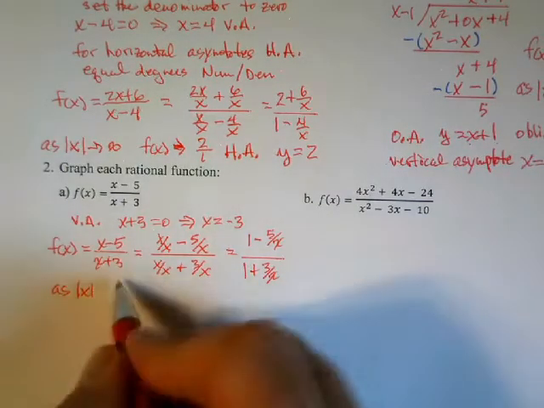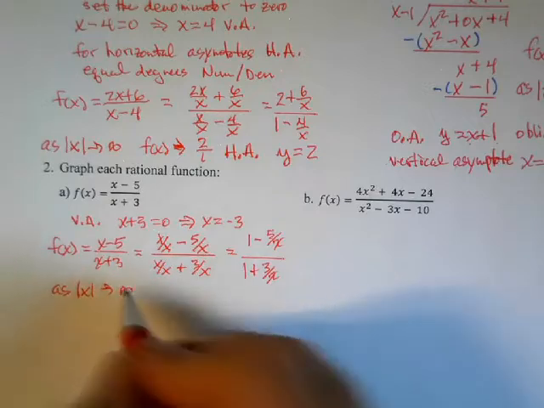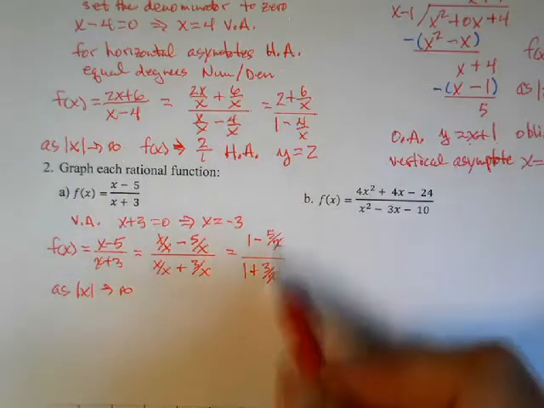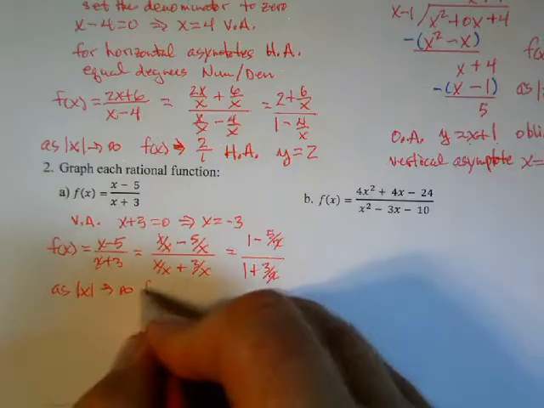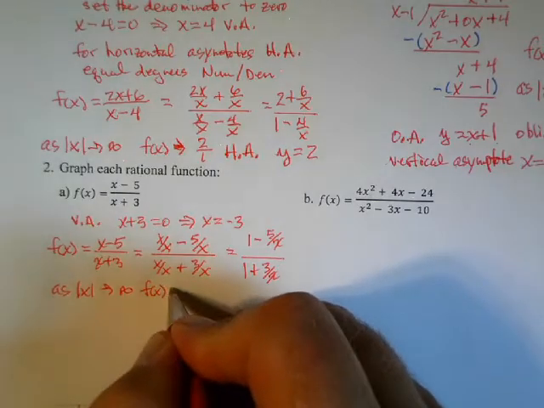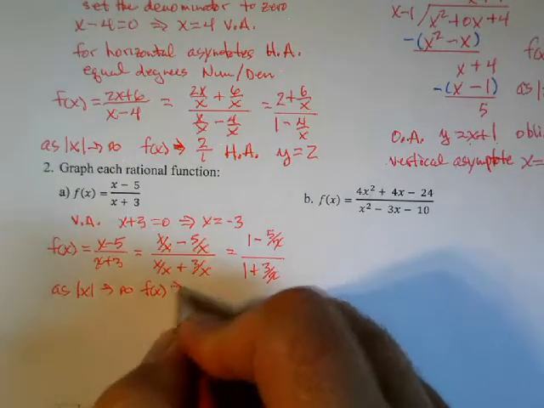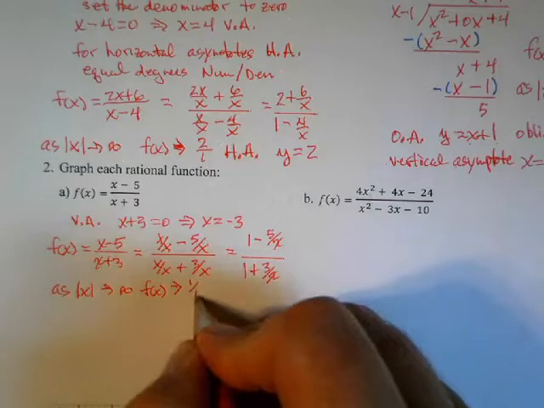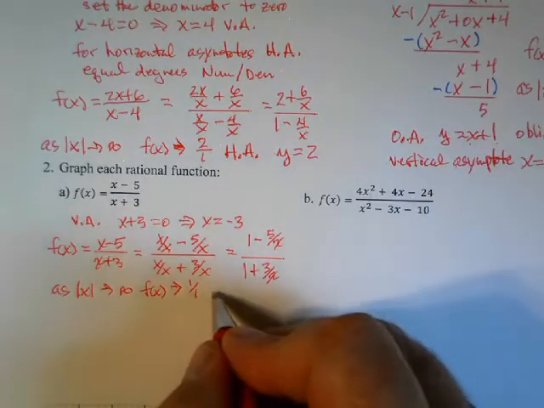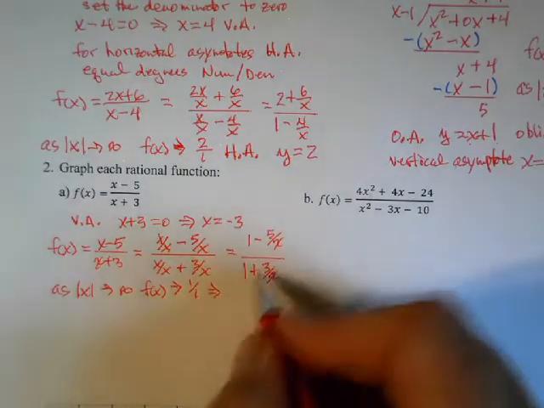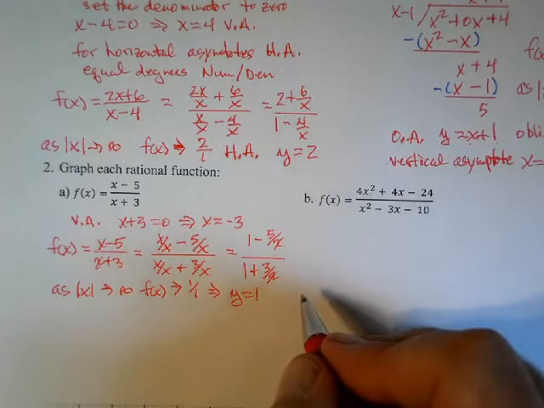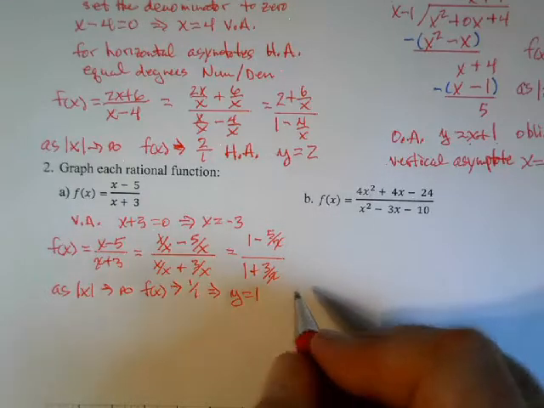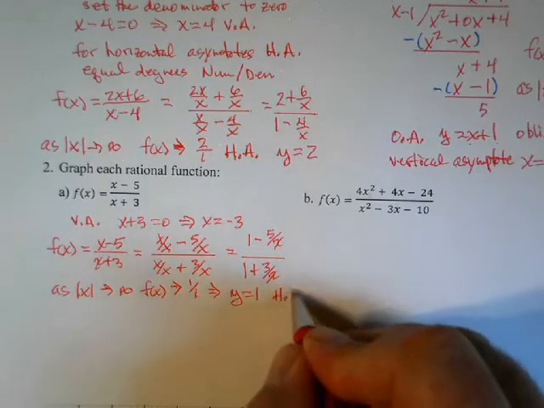Then that means those parts divided by the x will become less and less significant, and basically f of x is just going to go towards 1 over 1, which will lead to y equals 1 as a horizontal asymptote. So we have a vertical asymptote and a horizontal asymptote.